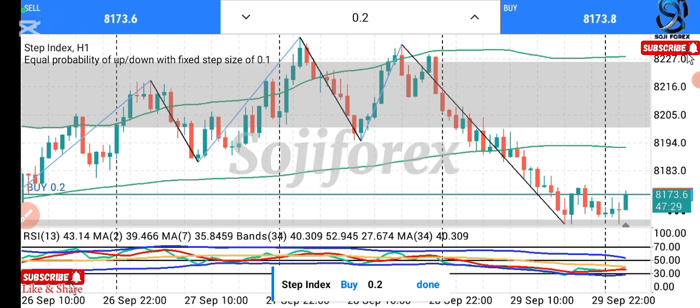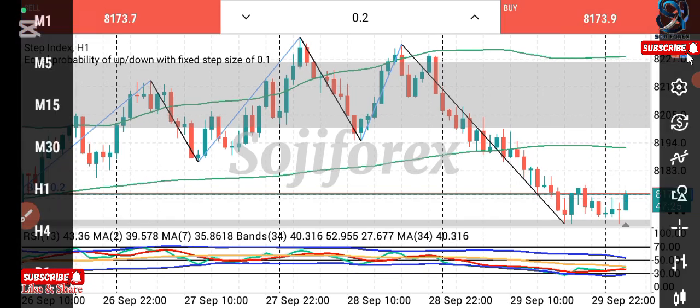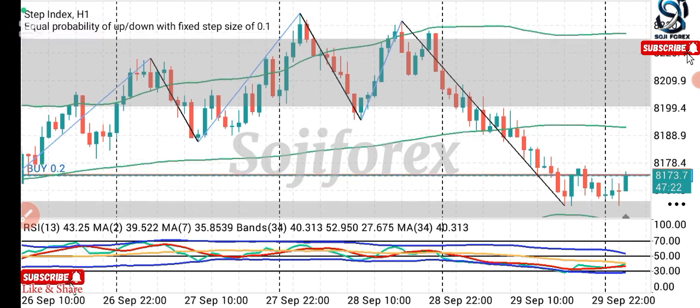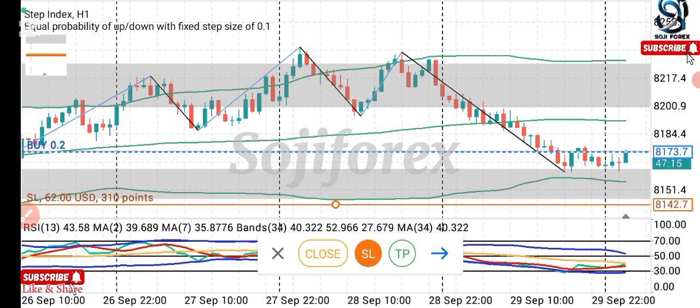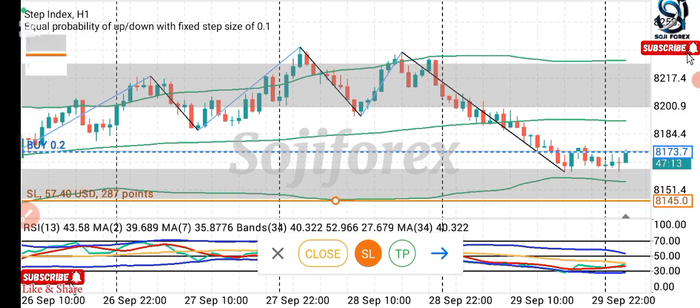So now I just place my trade, and my stop loss is going to be below the support zone. Do you see that? That is where your stop loss is meant to be. But now looking at this, we'll see that the stop loss is very, very big.